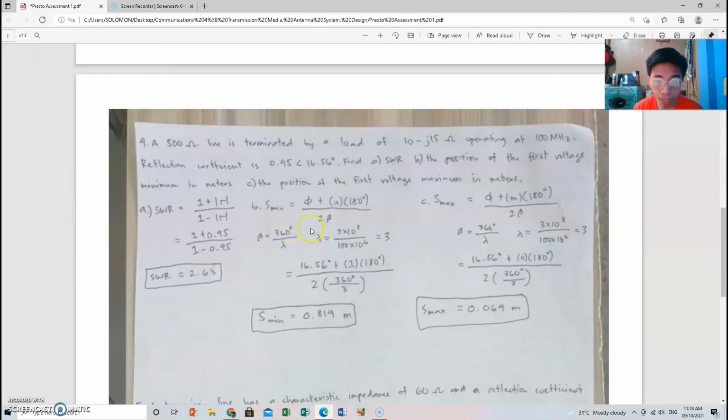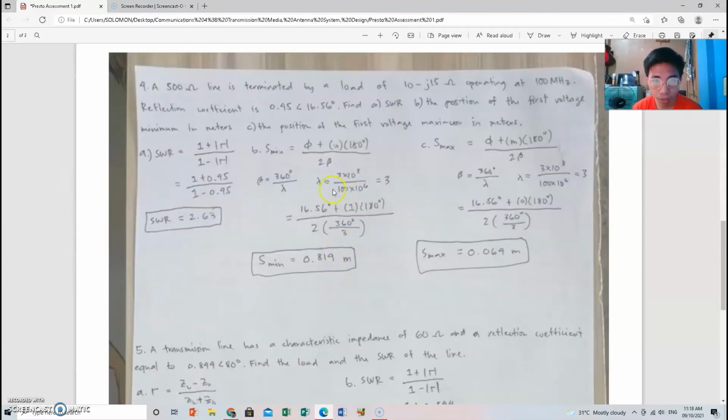And since the wavelength is equal to the velocity of light over the frequency, that is 3 times 10 to the power of 8 divided by the frequency 100 megahertz, or 100 times 10 to the power of 6, that is equal to 3.